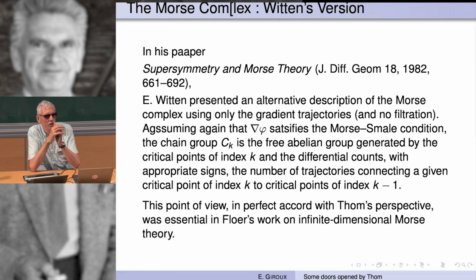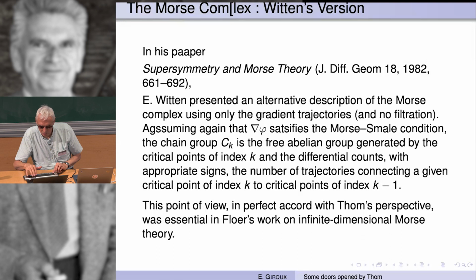And the presentation is, as you know, that again the chain groups are generated by the critical points, and the differential just counts with appropriate signs the connecting trajectories between the critical points. And really, this presentation is very much in line with what Thom was doing, and much closer to his idea than the one of Milnor.